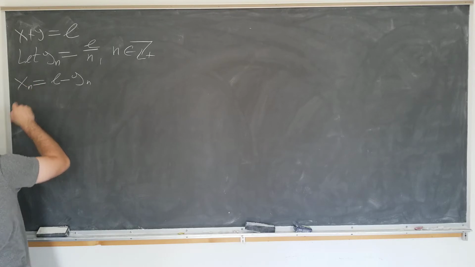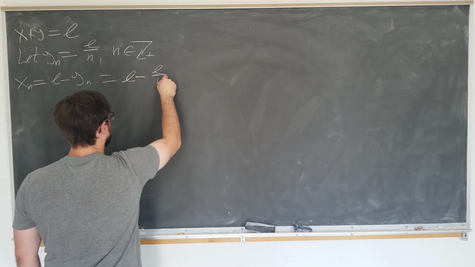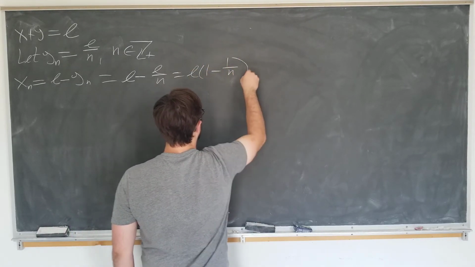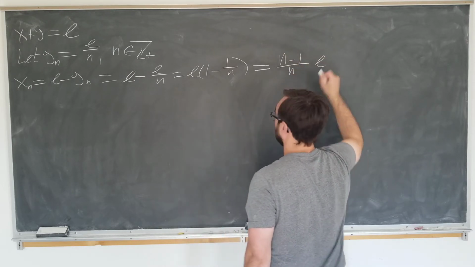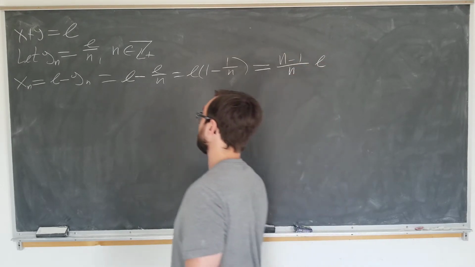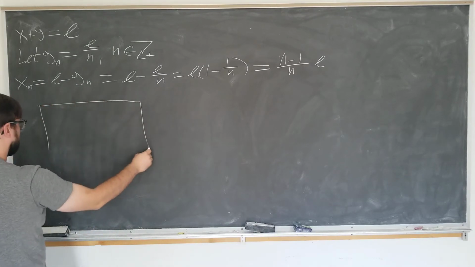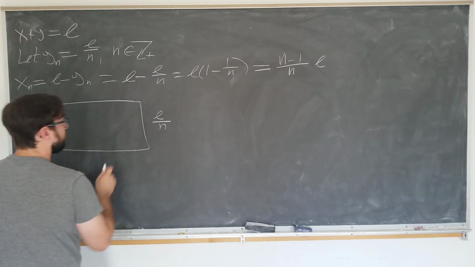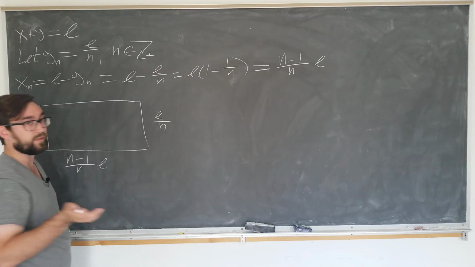Keep the n's here for clarity, which is equal to L minus L over n, L times 1 minus 1 over n, which can be rewritten as (n minus 1) over n times L. Yep, sounds good. So now we have a rectangle labeled with sides L over n and (n minus 1) over n times L.